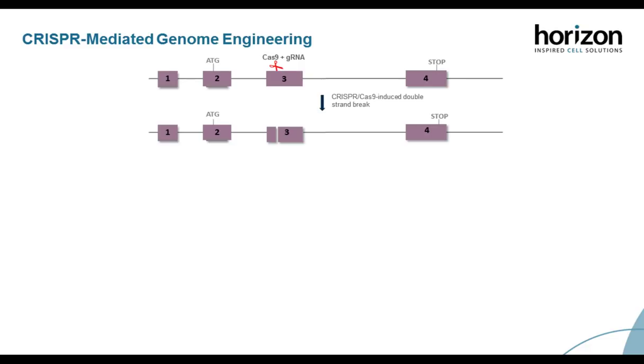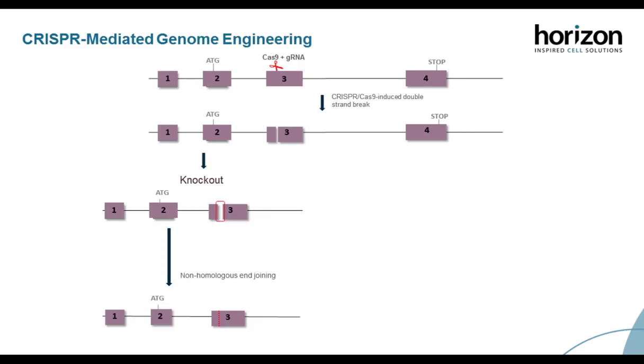So for a knockout, when we want to make a non-functional gene, we generate a knockout using CRISPR gene engineering. We allow these double-strand breaks that have been generated by the Cas9 and the guide RNA to be repaired by the endogenous repair machinery of the cell called non-homologous end joining.